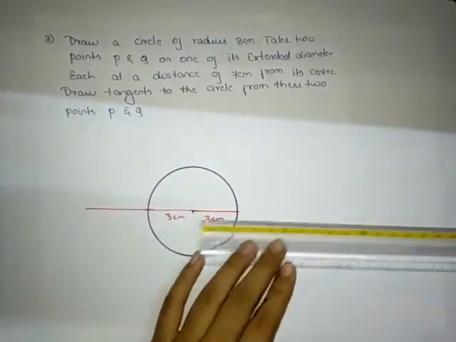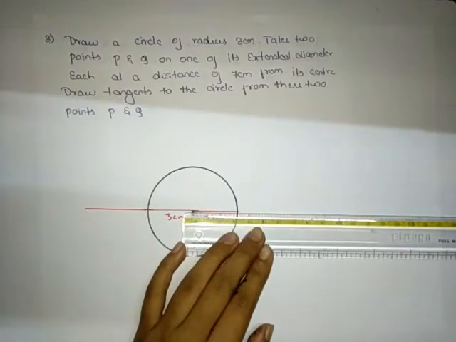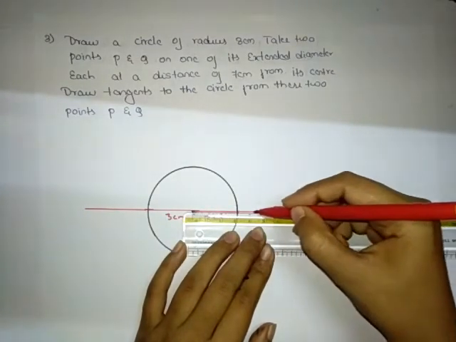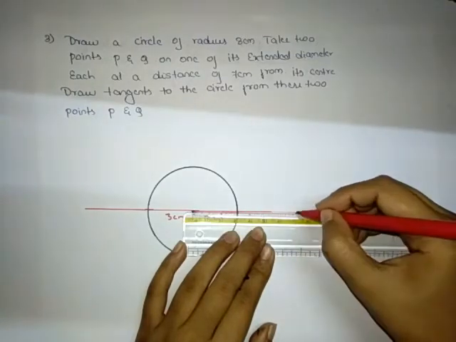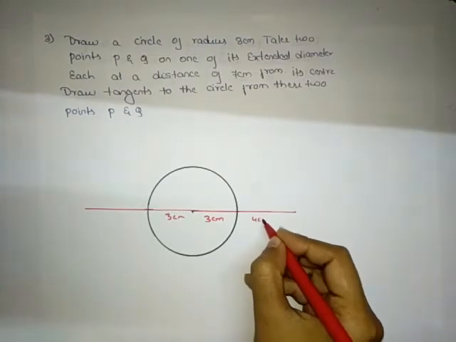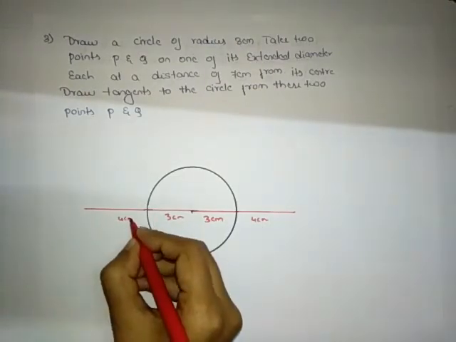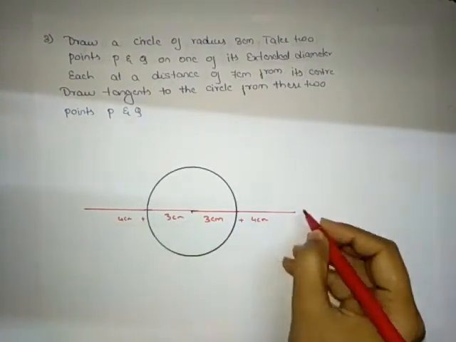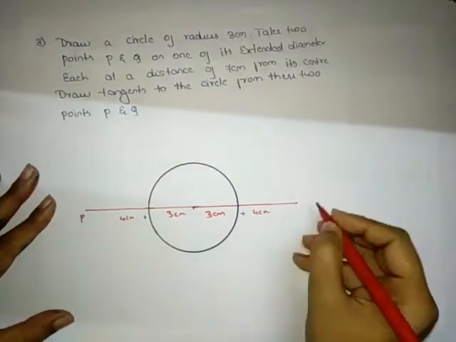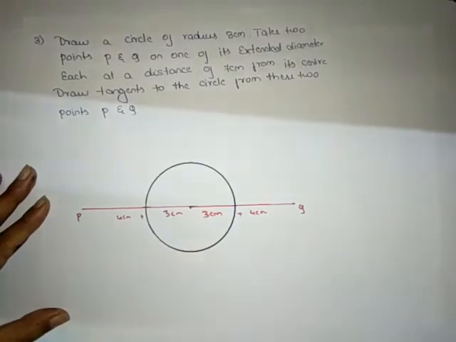Okay, then similarly here also, from here to here it is now 3 cm. I will extend it again for 4 cm. Now I will get 7 cm. This is 4 cm and this is 4 cm. If we add these two, we will get 7 cm. Now we'll mark this point as P and this point as Q, isn't it?